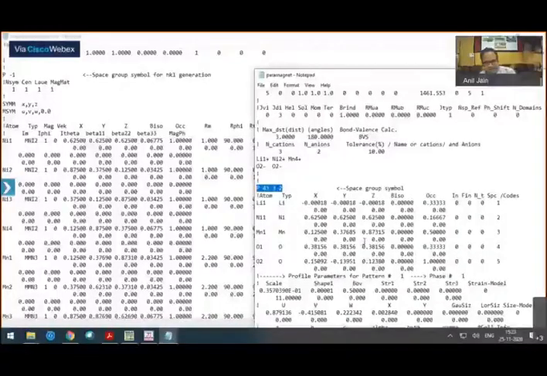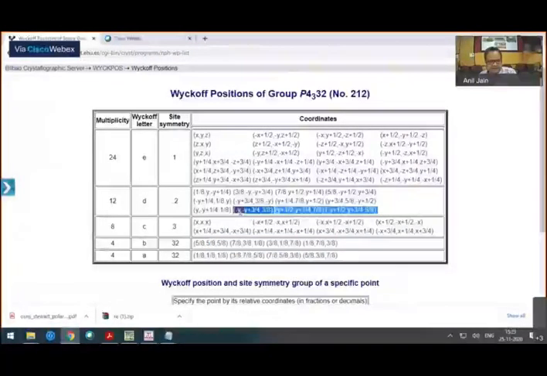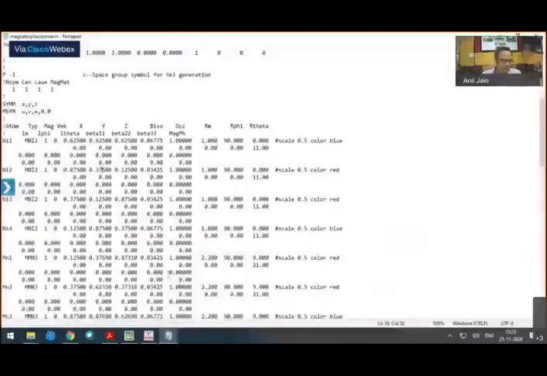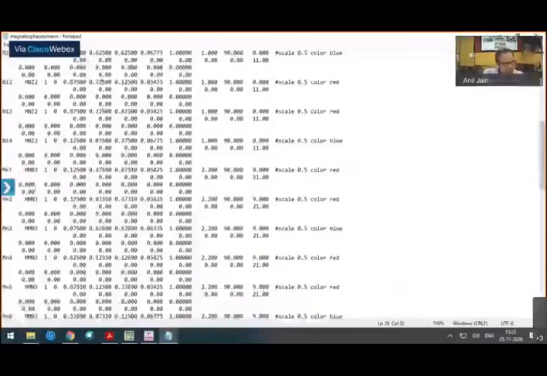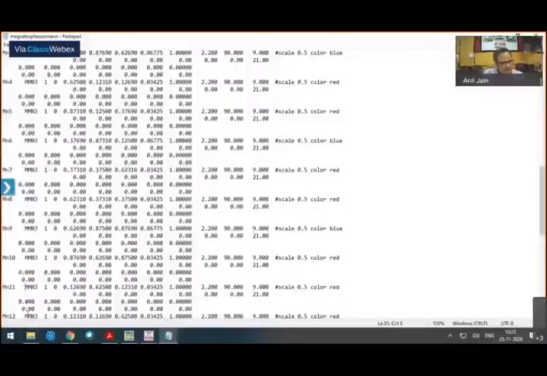Similarly, you can repeat this for manganese, which I believe goes on this 12d. So there are 12 coordinates here, and from this list, you can get it. If you know the coordinate of one, then you can get the coordinates of others by applying this operation to that position. So with this calculation, you can get all these 12 locations of manganese. 1, 2, 3, 4, 5, 6, 7, 8, 9, 10, 11, 12.